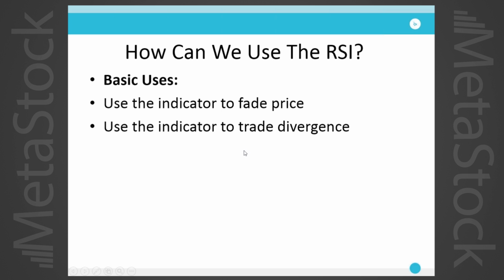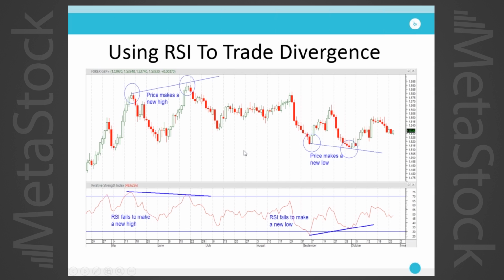So if we go back to the chart that we were using in the first example, sterling dollar over the last couple of months, we can see that as price made that initial high in May, RSI was registering overbought. So we know there was a lot of bullish momentum in the market at this point. We then saw a little kickback, RSI corrected lower, before we then made another run up into highs.